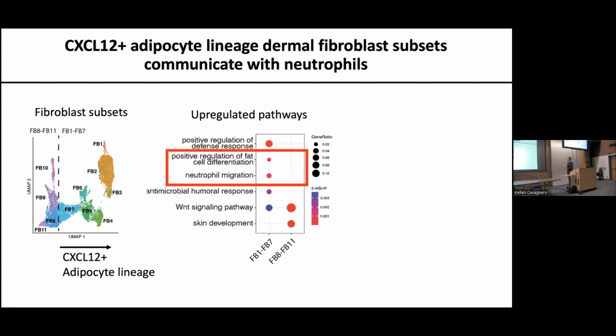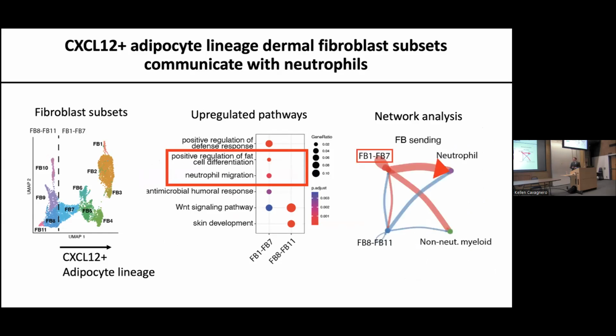And we confirm this definition through more unbiased methods like GO-term analysis. We can see clusters 1 through 7 expressing fat cell differentiation genes and neutrophil migration genes, but we do not see this in clusters 8 through 11. Additionally, our network analysis shows that clusters 1 through 7 talk to neutrophils much more so than clusters 8 through 11.